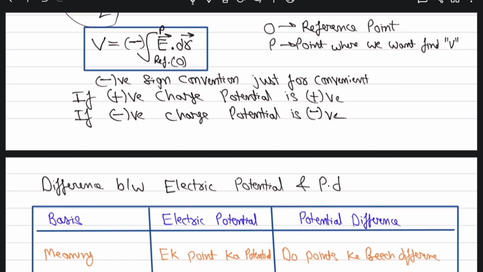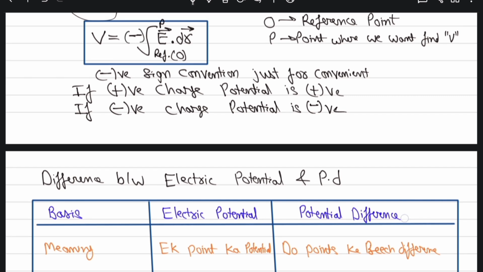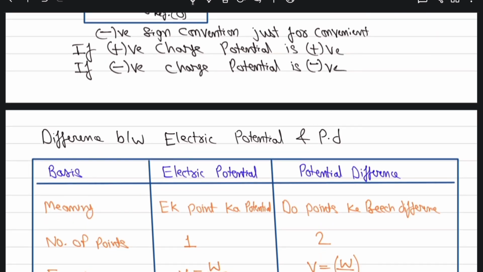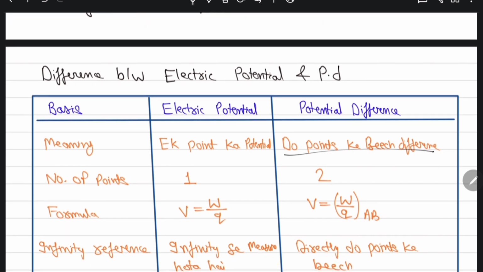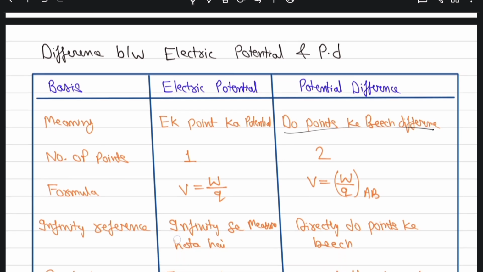Now one more thing, the difference between electric potential and potential difference, I'll give a few differences. Electric potential is defined for one point, and potential difference is defined for two points, and their formula is work done per unit test charge. Here also work done per unit positive test charge.